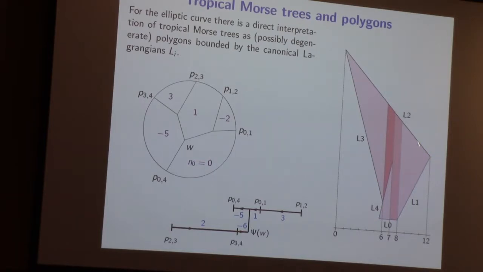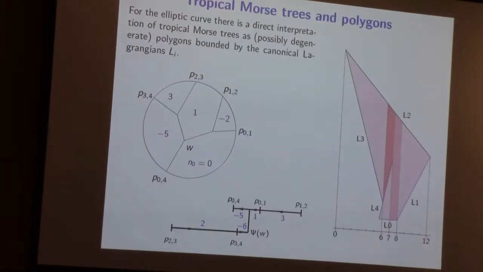So this is slope 2, this is slope minus 1, and then the rate of increase of area is 3, and that's the 3 you see here. And then you can continue, and sometimes there are these funny pictures with a degenerate polygon, where there's an edge that actually comes back. That can happen. But in any case, this is a one-to-one correspondence. So that was the motivation for this tropical Morse category.